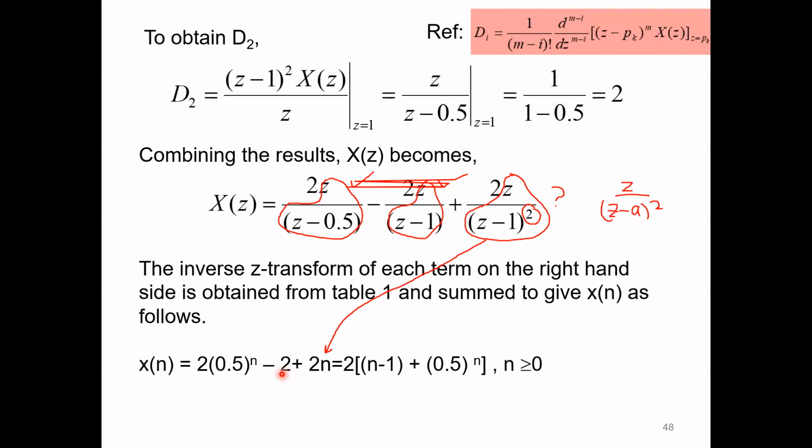If you want to simplify, you can write it this way also, 2 times, because these are common, 2 times n minus 1 plus 0.5 to the n. So substitute n equals 0, 1, 2, 3, 4, and calculate the first few samples and draw it. Please do that as homework, then you will see it is complete.